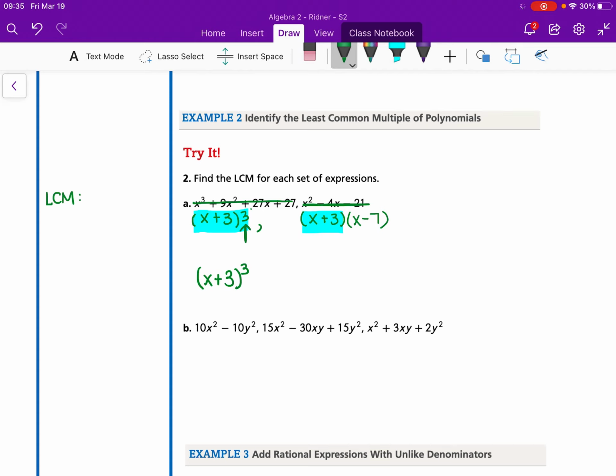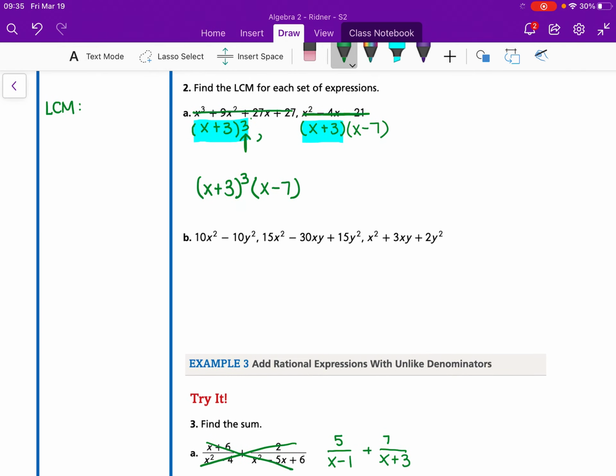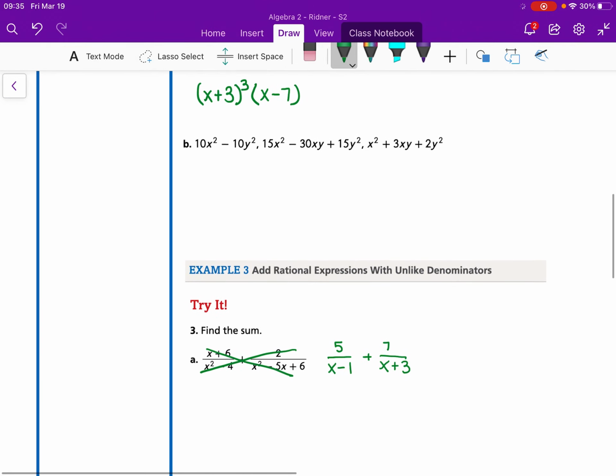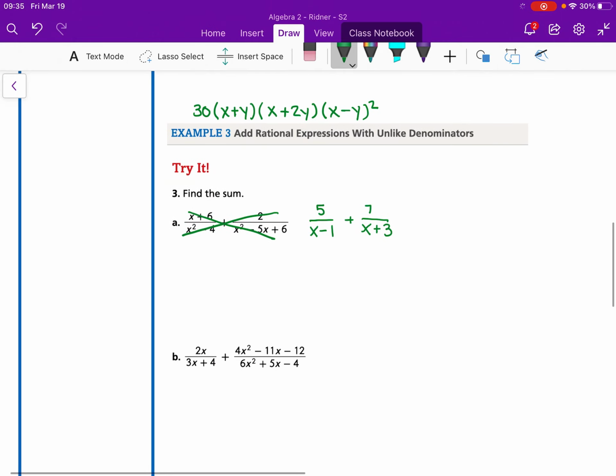And then I take one of everything else in the list. Everything else in the list is just x minus 7. If you want to try this one on your own, I'm going to write down the answer here. If not, that's okay too. So there's the answer. You can ponder why that is the answer.